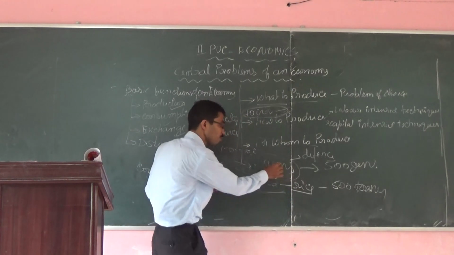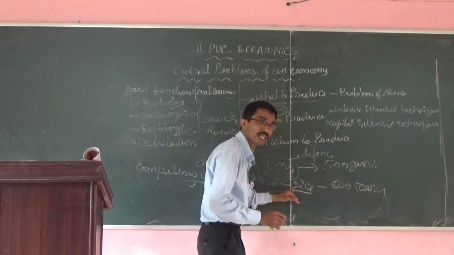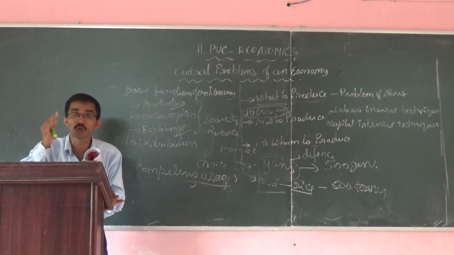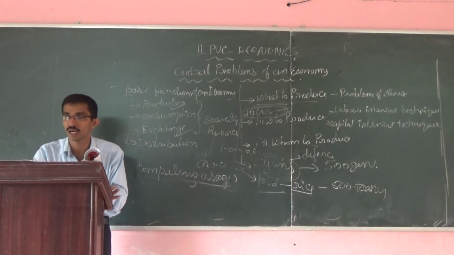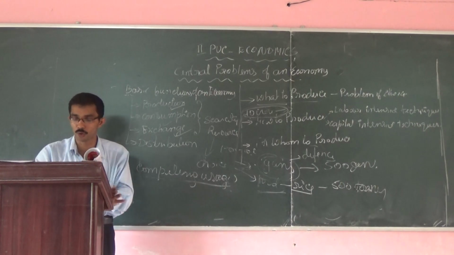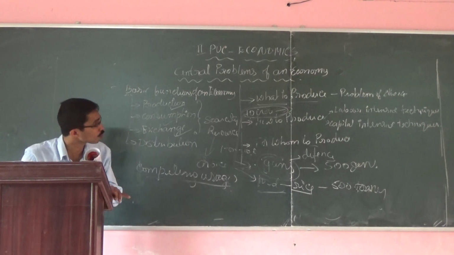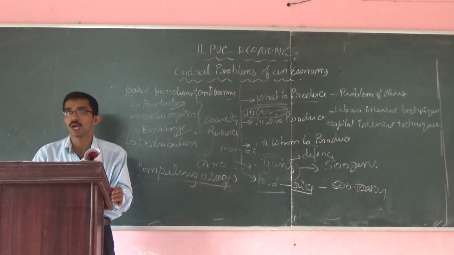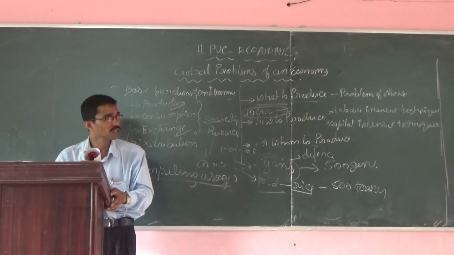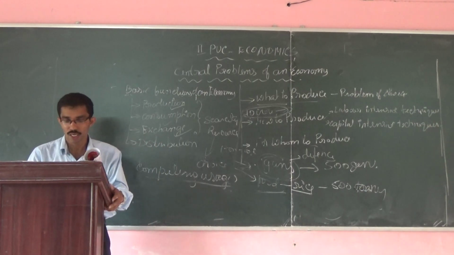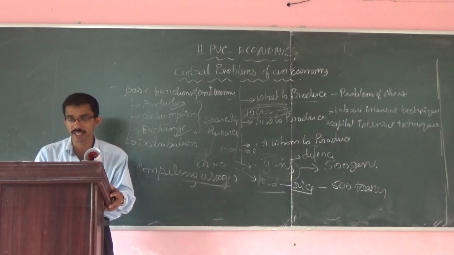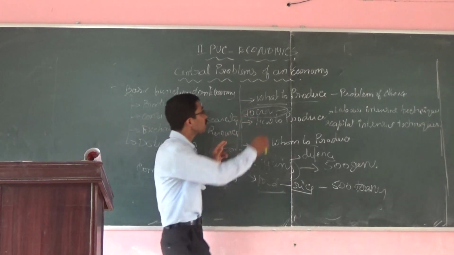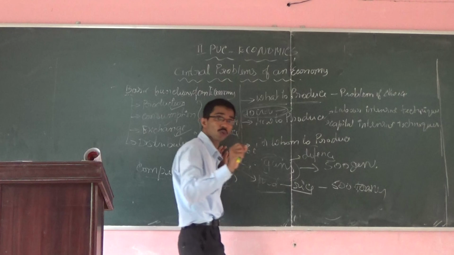Are you producing guns or rice? That depends on the resource base of the country's economic condition. Then it depends upon the wisdom of the planners in a centrally planned economy, or on supply and demand in a market economy, or both market forces. That is the first problem: what to produce.